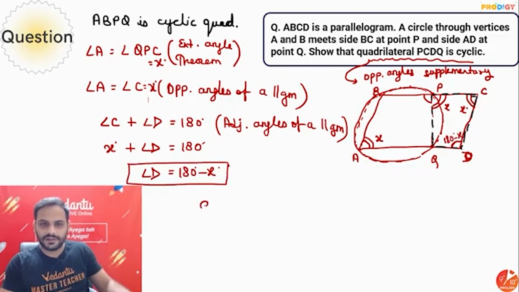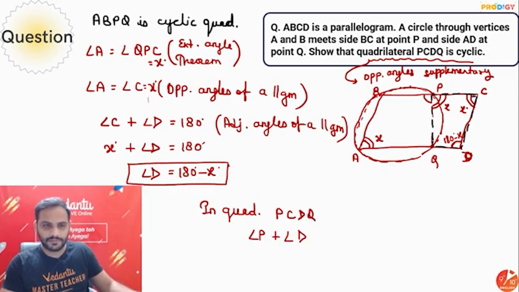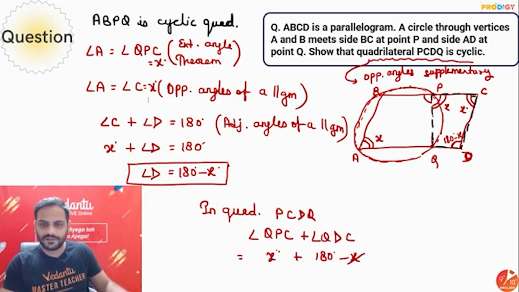Now you can see in quadrilateral PCDQ, we can say angle QPC plus angle QDC will be equal to, angle QPC is x plus angle QDC is 180 minus x, is equal to 180 degrees.